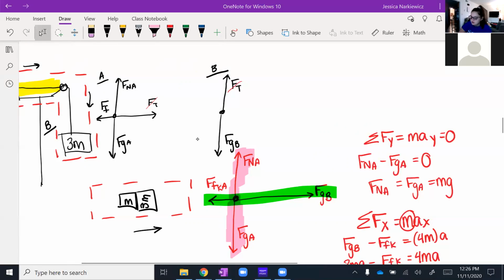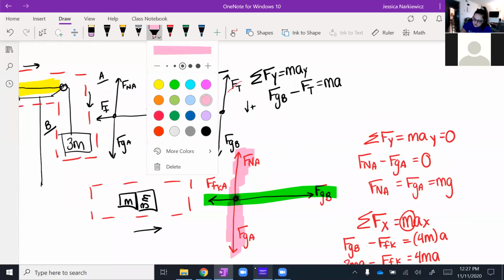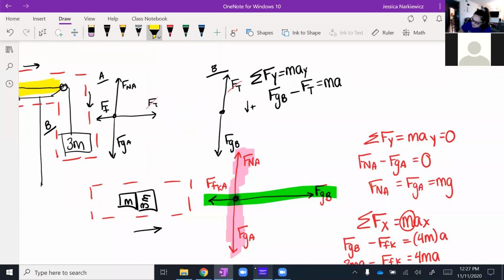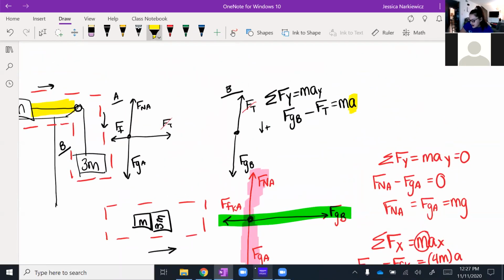So for example, if I was to use block B, the net force in the Y direction, since B is moving vertically, I'm going to say that down is positive, would look like FGB minus the tension force is equal to MA, and whatever A I get down here is going to be the same A as up here. So if I get an equation for A, I can substitute it in, and then I can solve for tension.